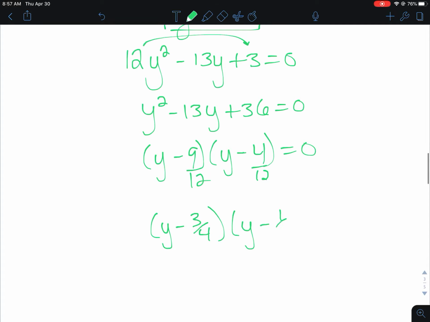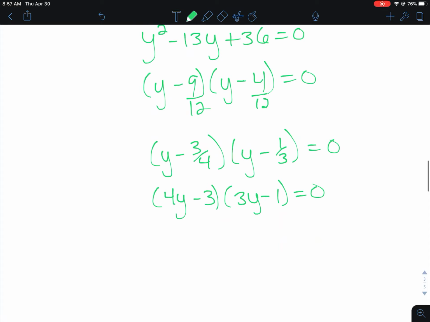So we get y minus 3/4, y minus 1/3, or 4y minus 3, 3y minus 1. And that's really 4 sine x minus 3, 3 sine x minus 1.